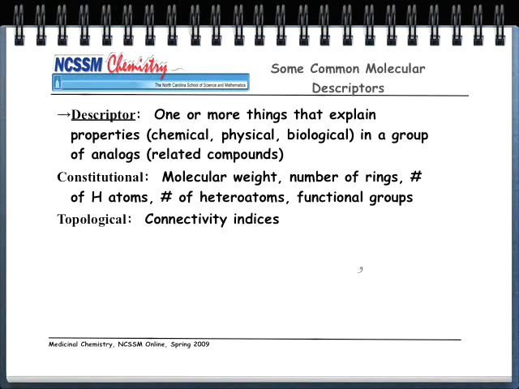There's also, as I think we've mentioned earlier, topological or connectivity indices, which we're not going to spend any time with in this particular course. There are some electrostatic descriptors, and many of these come from computational chemistry, such as whether or not the molecule has a dipole moment or is a polar molecule or not.